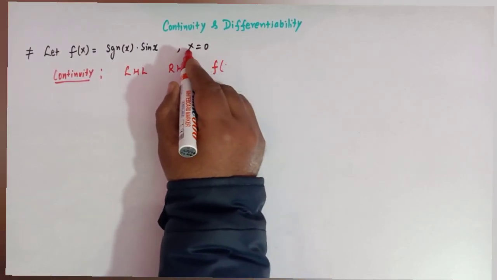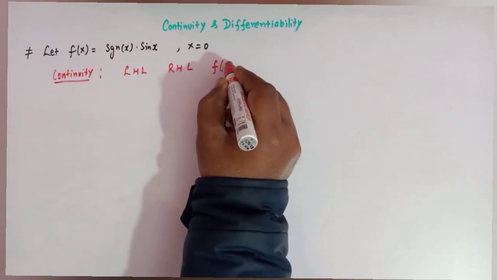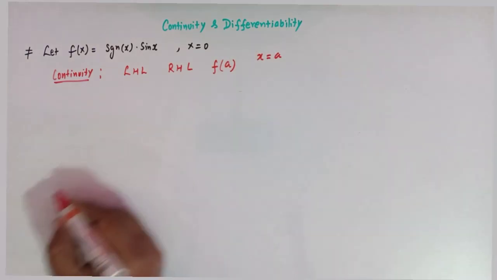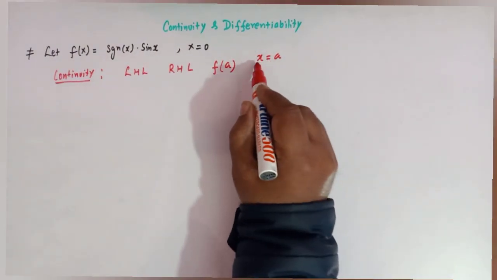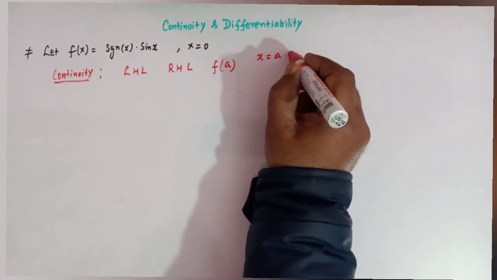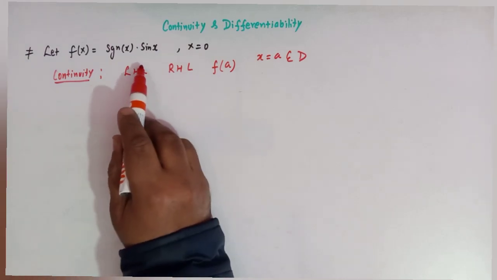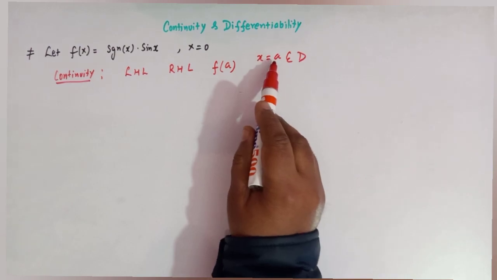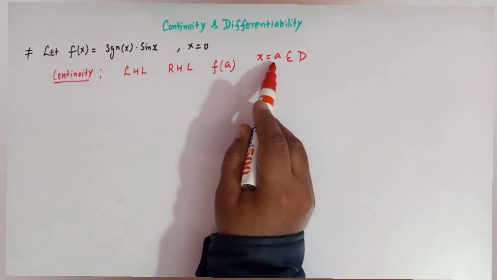Here the given point is 0, but for the general case we can take a point, say x is equal to a. So to prove the continuity of a function at some point x is equal to a belonging to the domain of the function, we find the left hand limit at this point, then right hand limit at this point, and the value of the function at the given point.